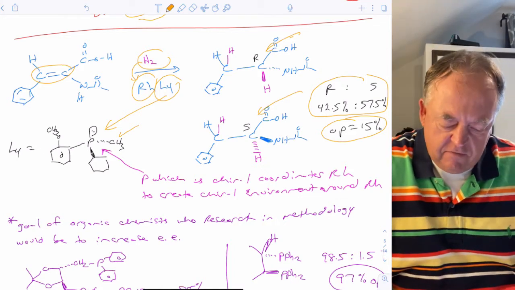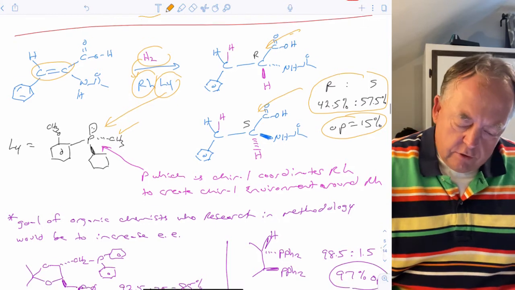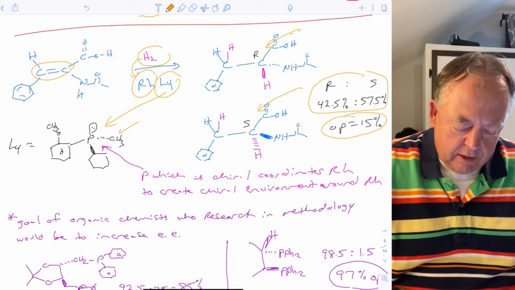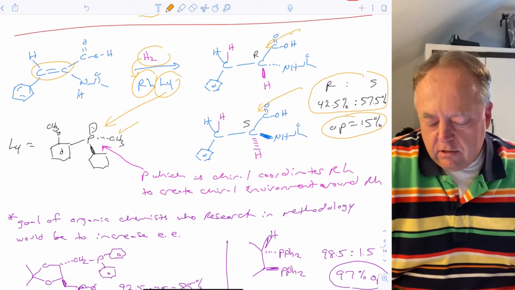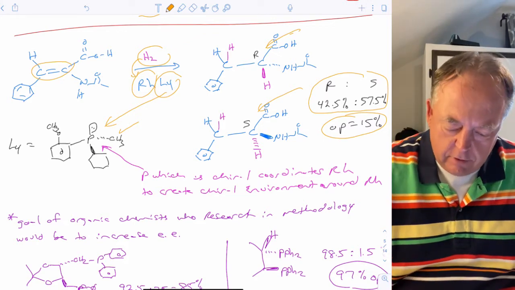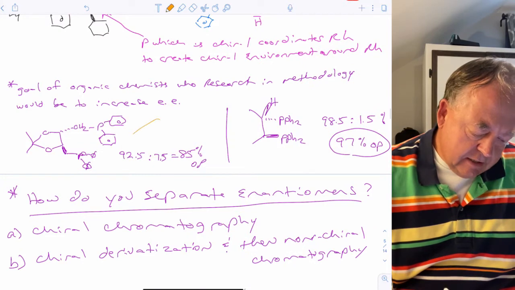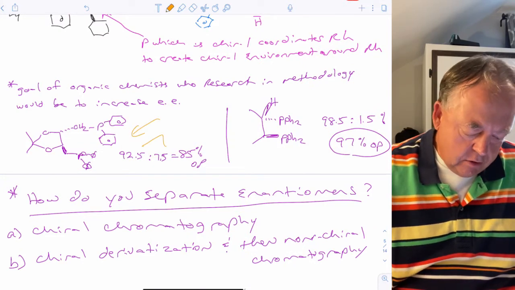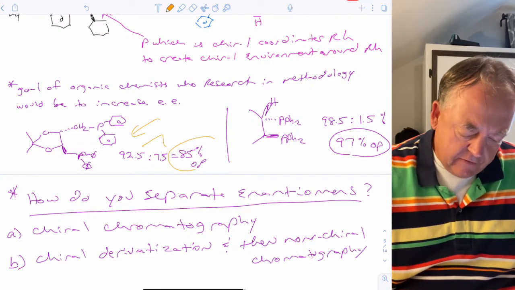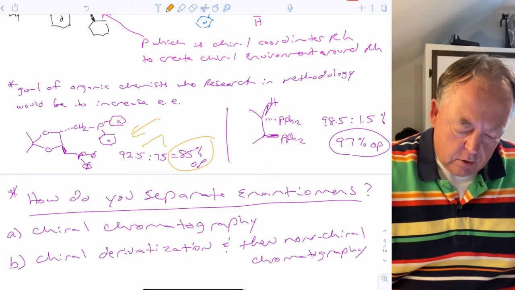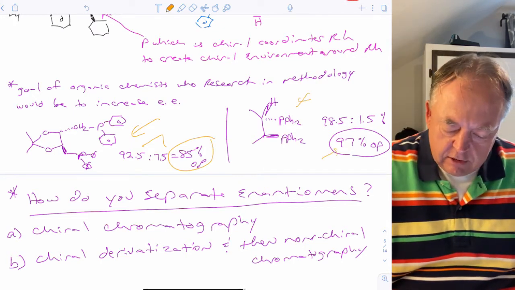So one thing organic chemists that work in chiral synthesis do is try to develop better ligands that can give you better optical purity. So if they use this ligand instead, they get 92.5 to 7.5, so 85% optical purity. Or with this ligand, they get 97% optical purity.